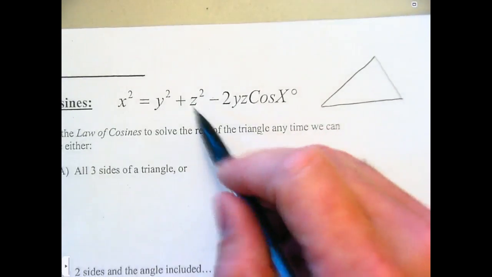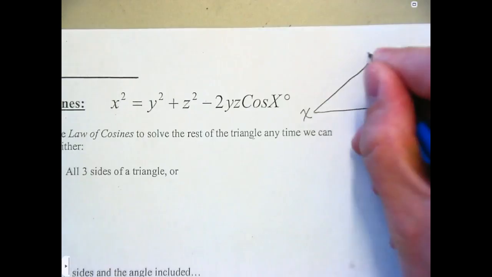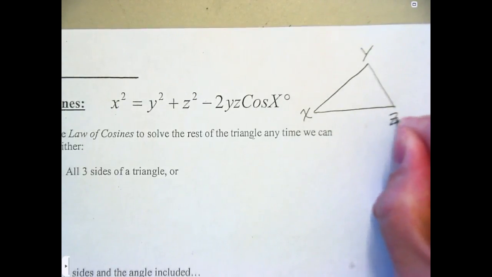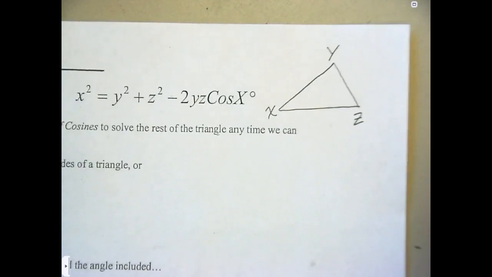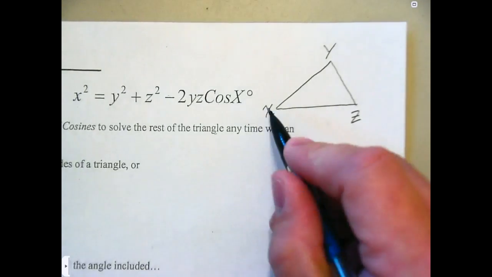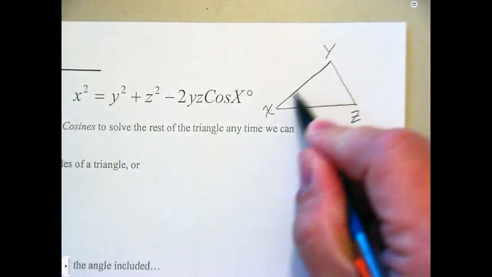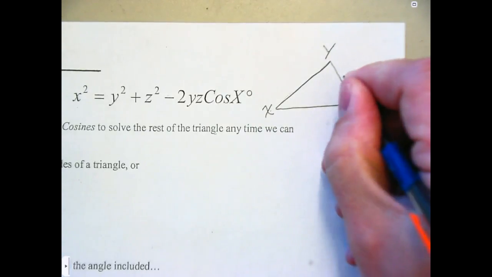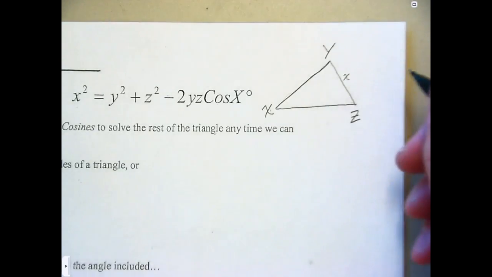If we call this angle X, this angle Y, and this angle Z, please note those are capital letters. Then the side opposite angle X, meaning if I were to trace angle X, the side I do not trace, is called side X, little x.